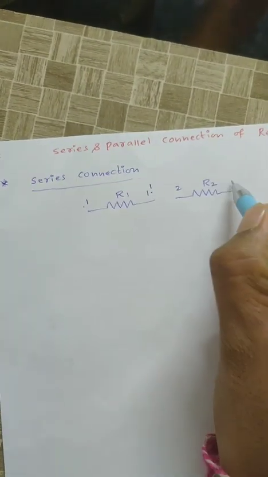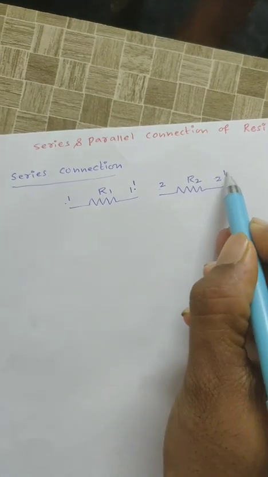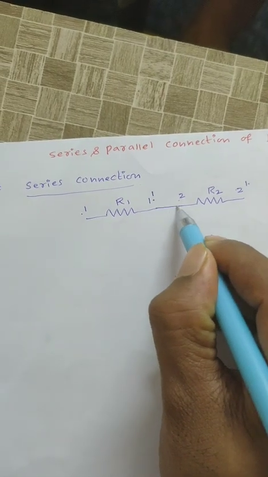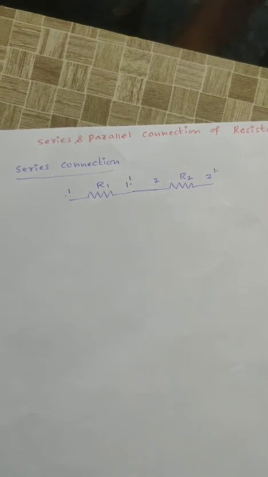Similarly, 2 is the starting end of the second resistor, 2 dash is the finishing end of the second resistor. Okay, if the finishing end of one resistor is connected to the starting end of another resistor, then those two resistors are said to be in series connection.